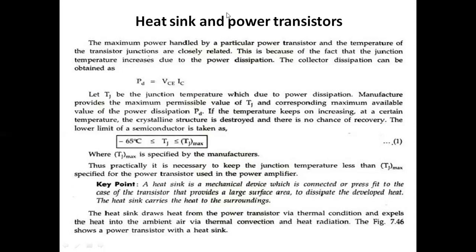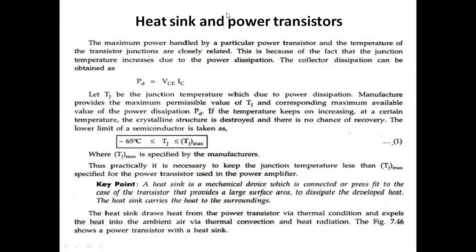If the temperature keeps on increasing, at a certain temperature the crystalline structure is destroyed and there is no chance of recovery. That means the transistor may be damaged. So we should maintain some limited temperature.